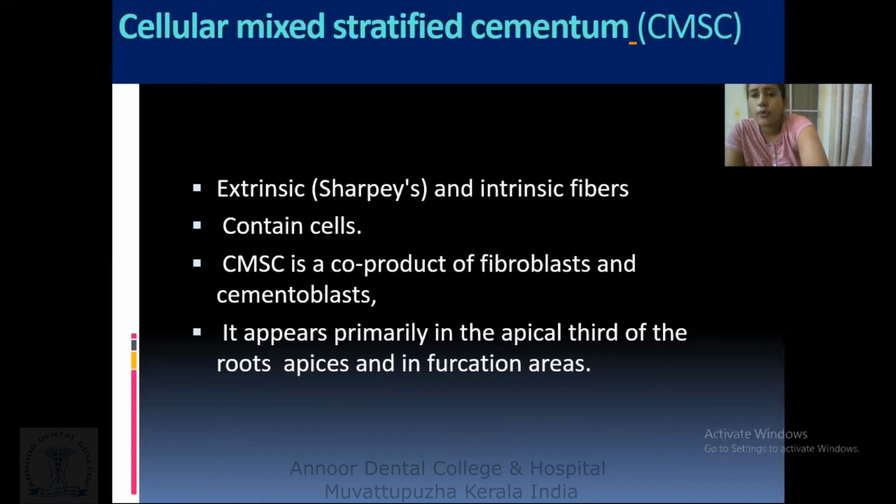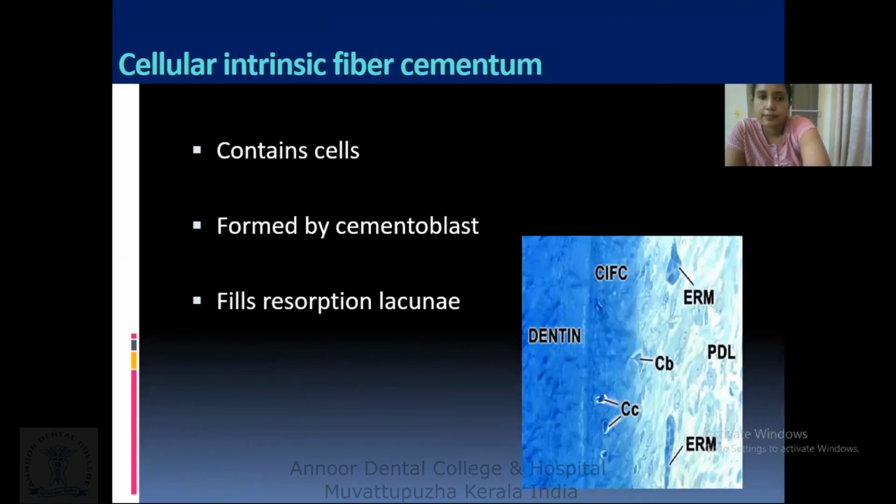This is a co-product of both the fibroblast and cementoblast, and it appears mainly in the apical third of the root apices and in the furcation area. Now the fourth group is the cellular intrinsic fiber cementum. As the name suggests, it contains cells, and intrinsic fibers are present. It is mainly formed by the cementoblast, and it fills the resorption lacunae.